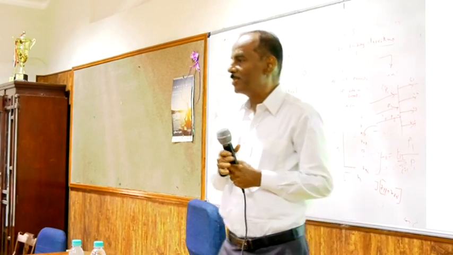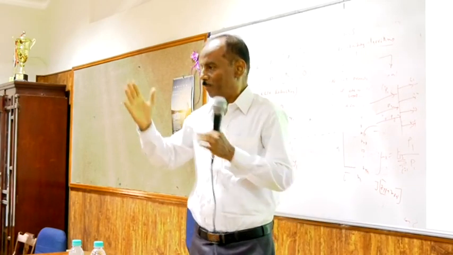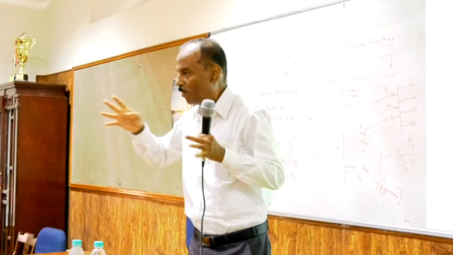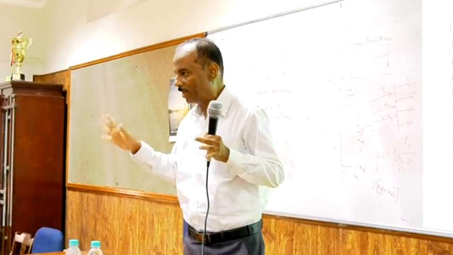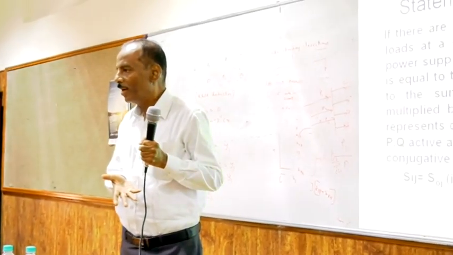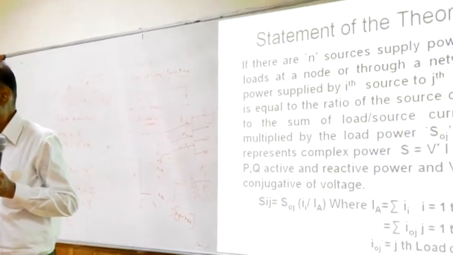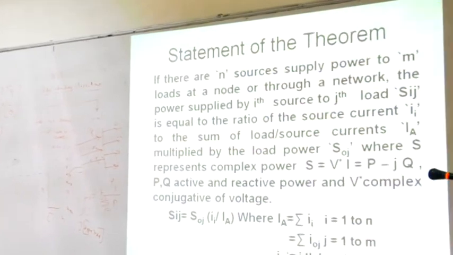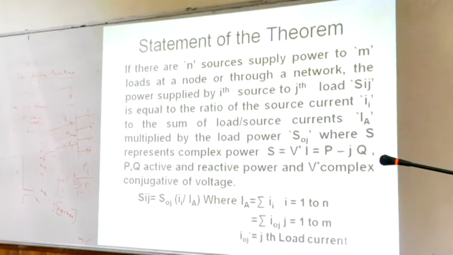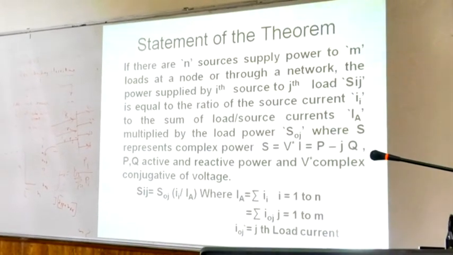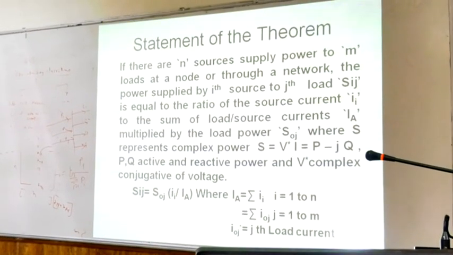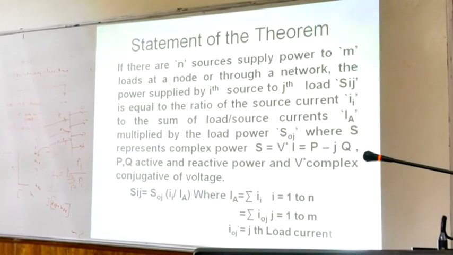Part of the network means you can take some clear part of the network, with some infeeds and some outgoings. So we can apply the theorem. Say n infeeds and m outgoings, from first infeed to first outgoing, first infeed to second outgoing, for which also you can apply this. Understand? I think that's why I said it already.